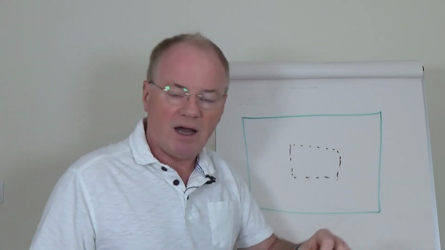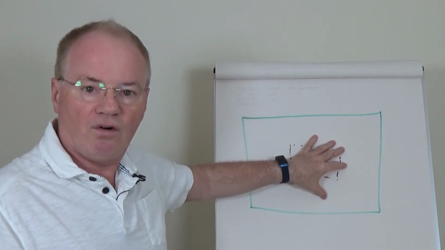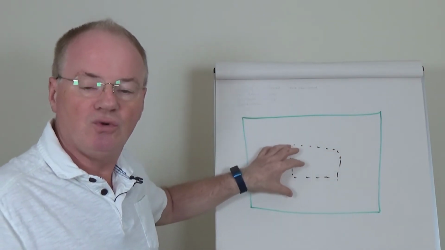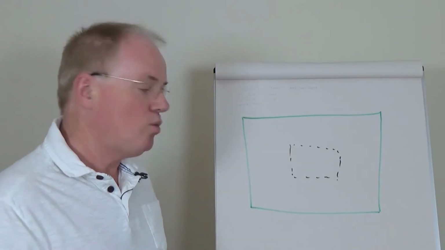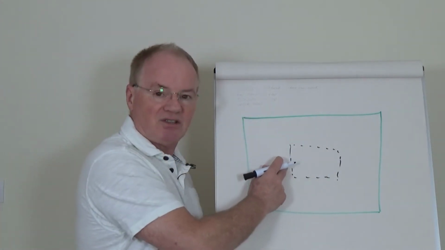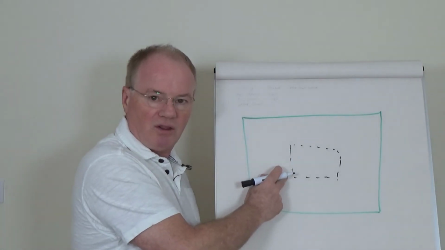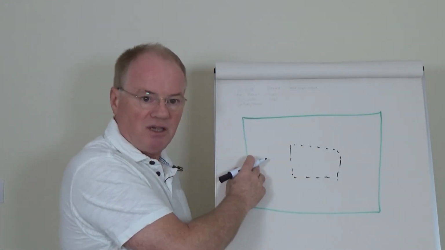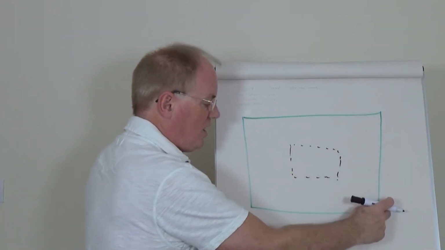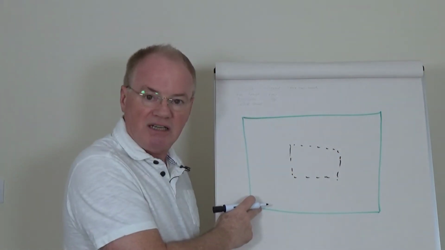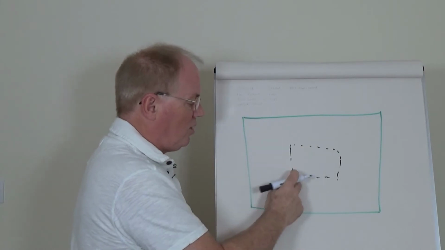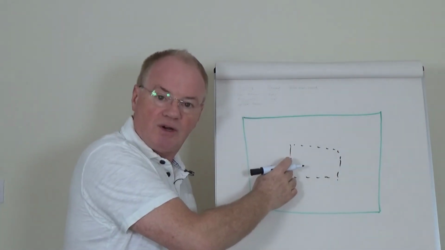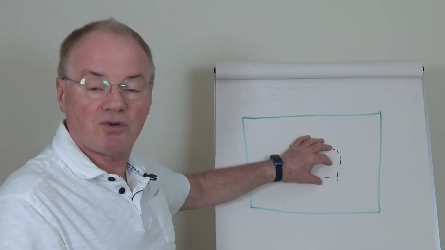Now, where I currently look for opportunities, the proportion of land to house is about 1/3 of the footprint. That's not the size of the house, but 1/3 of the footprint to 2/3 of land space or garden space. So if this was a 300 square meter site, then we could get on a 100 square meter house. Now, of course, if that was a 2-story house, then that would give us a 200 square meter house.